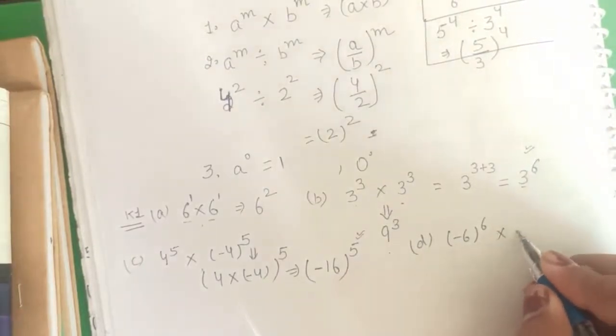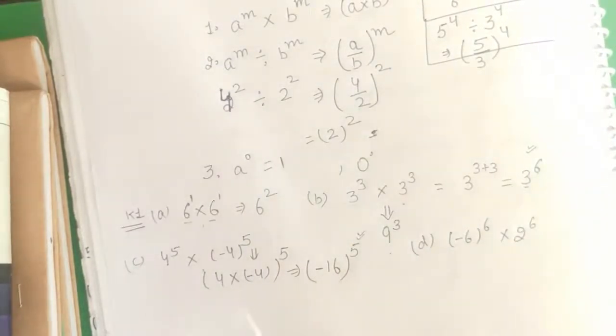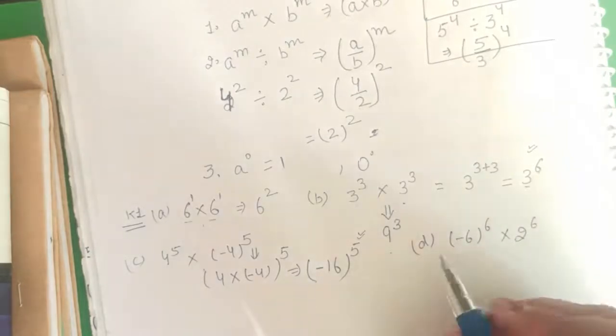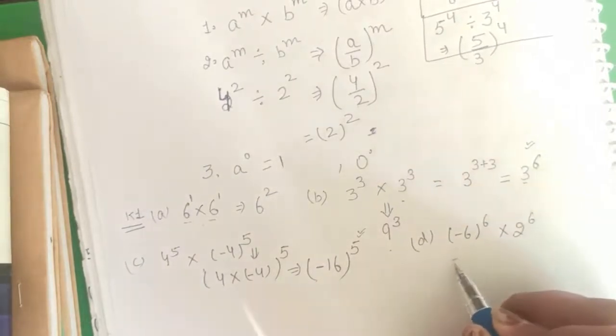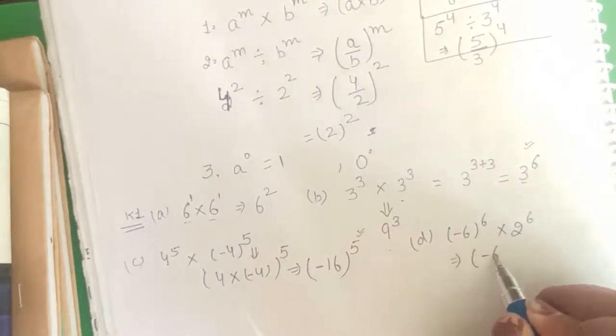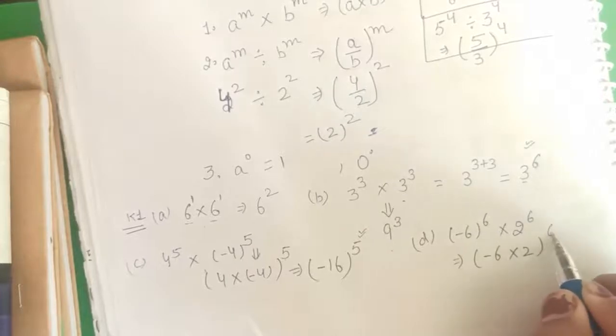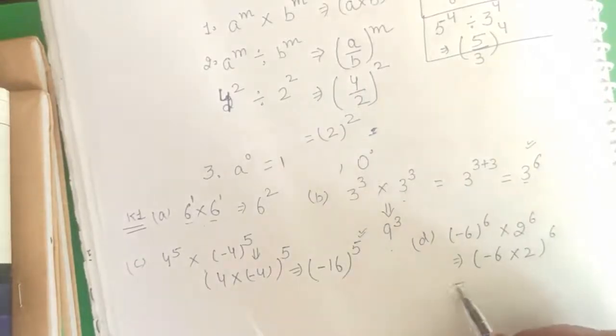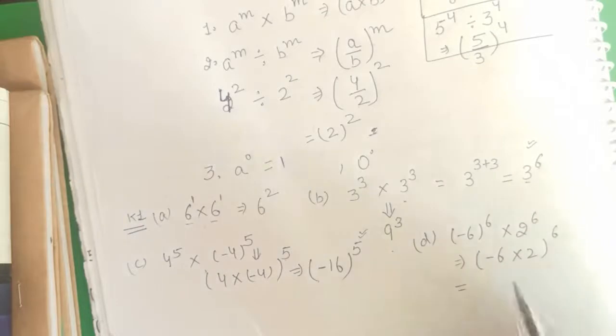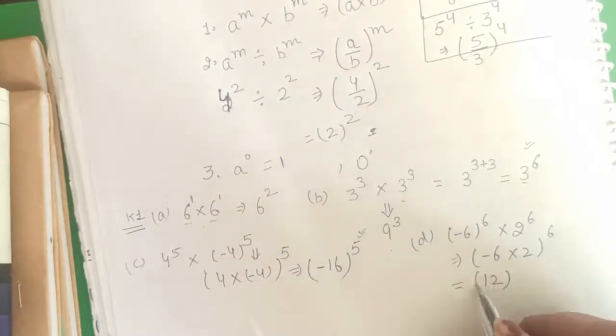multiply with 2 the power 6. In this also, see here, the powers are same but the base is different. So it is minus 6 multiply 2 the power 6. 6 2s are 12. Here you can write 12 as it is.